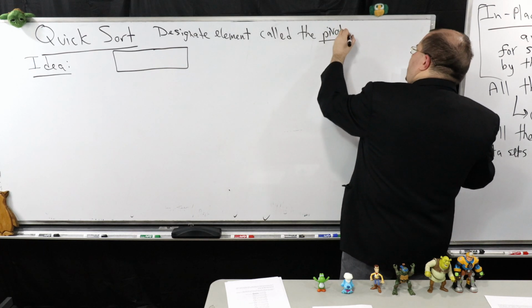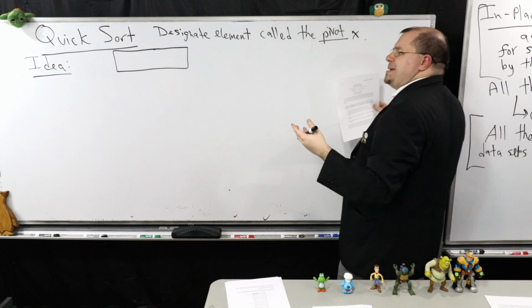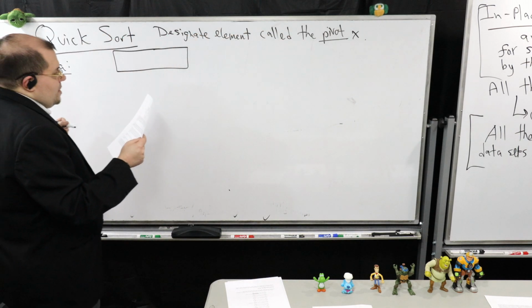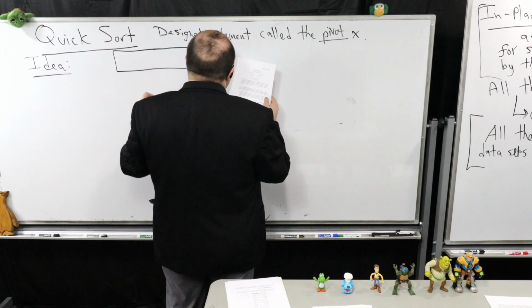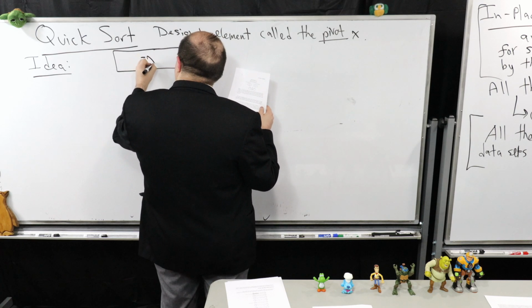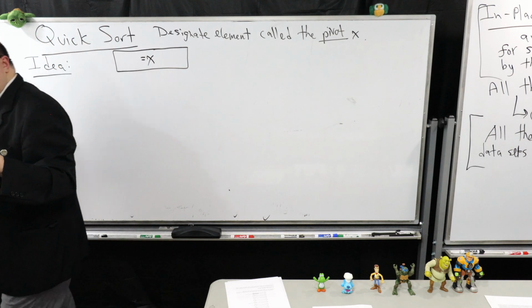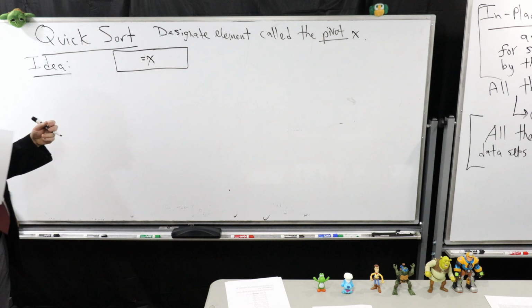In my picture, I'm going to call it X, but it doesn't have to be called that. It's just the name I'm giving it in this picture. Suppose I have it right here. Now this is just a picture. Just be aware that the pivot could be in other spots in the array.